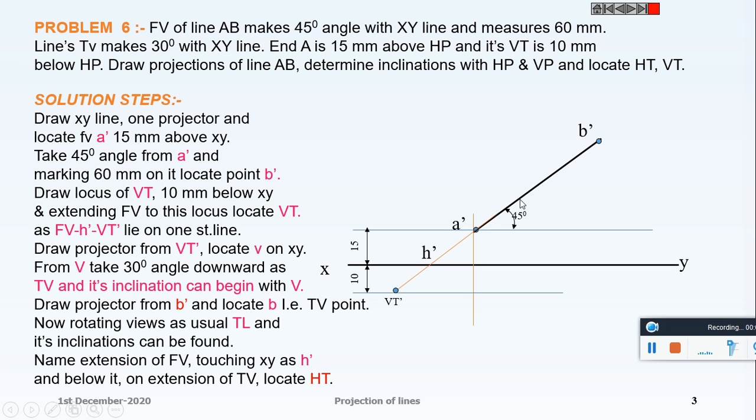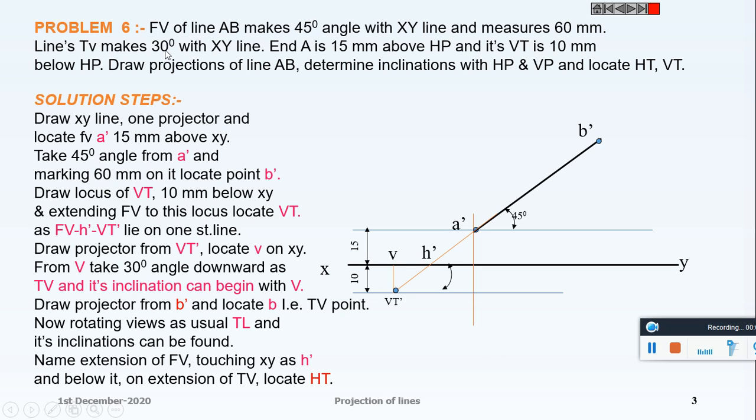Please note that A dash B dash, H dash and VT dash or VT are on a single straight line. Draw a vertical line upwards to meet the XY line, and that point is V. That is the top view of the vertical trace.